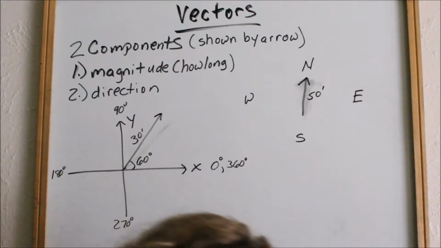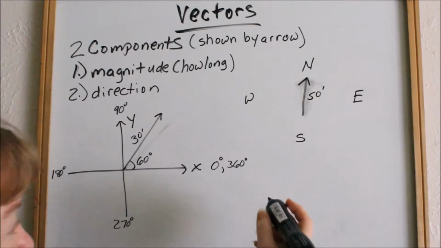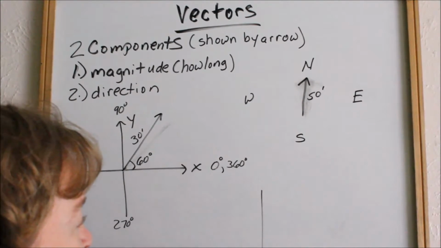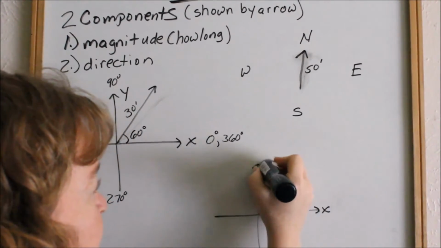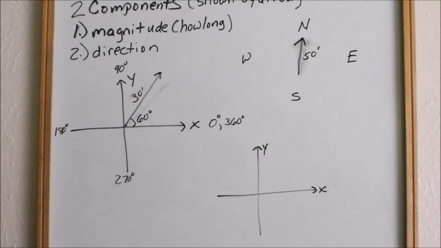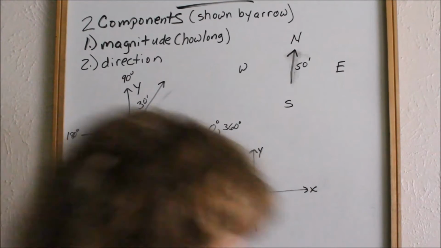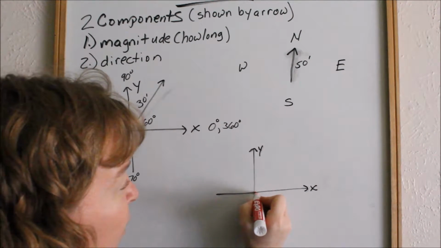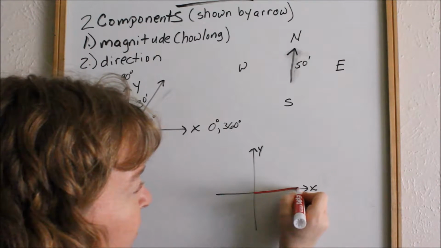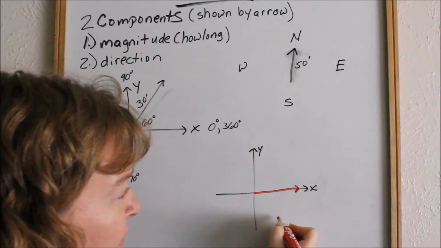Another thing to show you, let's just say I'm going to draw this on this XY axis. Let's say that someone started walking, they started right here at the origin, and then they walked east. Okay, that would be east.